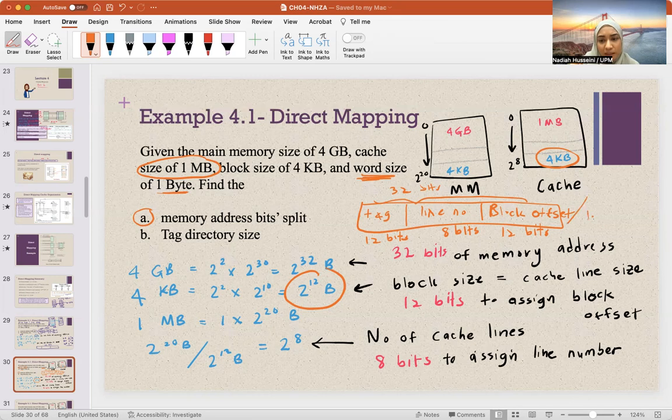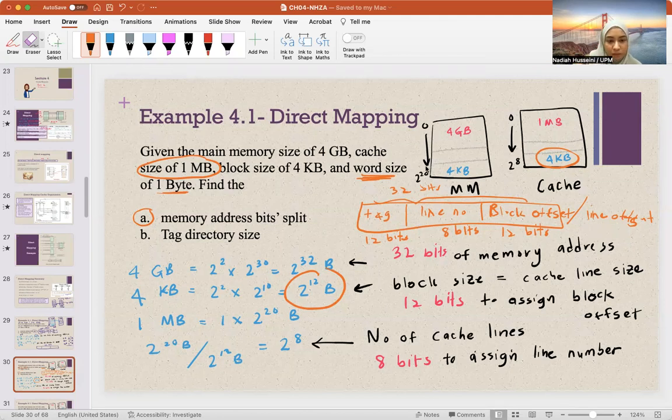It says block offset and line offset, by the way. This has multiple names: block offset, line offset, sometimes even called word. But the most common are block offset and line offset. Let's just keep it at that. So from there, we know that the tag is 12 bits.